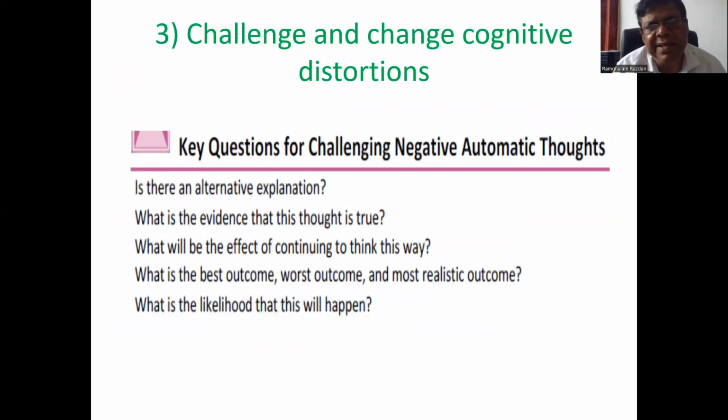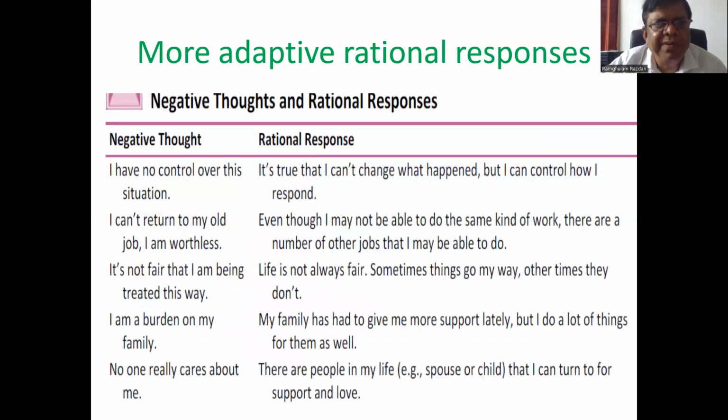A few questions for challenging negative automatic thoughts are: Is there an alternative explanation? What is the evidence that the thought is true? What will be the effect of continuing this thinking? What is the best outcome, worst outcome, and most realistic outcome? What is the likelihood that it will happen?